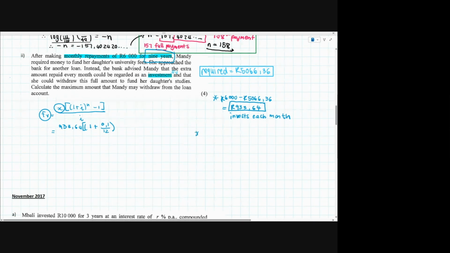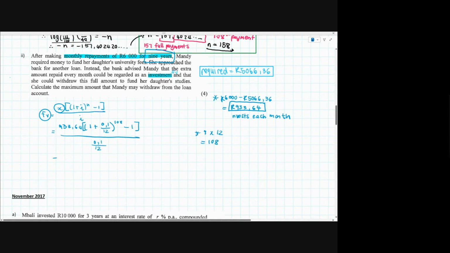So 9 years for 12 months every year, that is 108 payments with that extra amount there. So my exponent would be 108 minus 1 all over my I value.